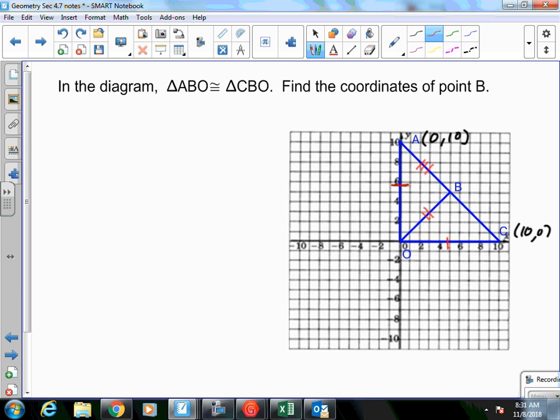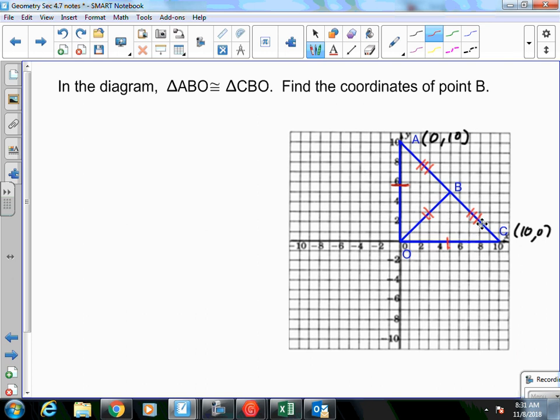And then AB and CB will be congruent to each other. So when we look at it this way, we should recognize that since AB and CB are congruent segments, point B, for all practical matters, is the midpoint of segment AC.